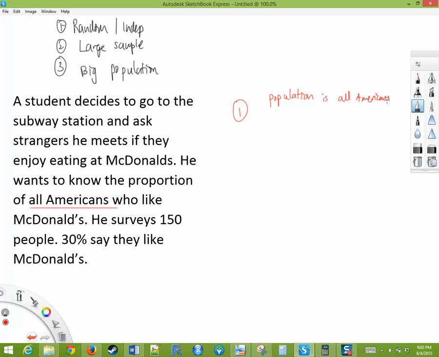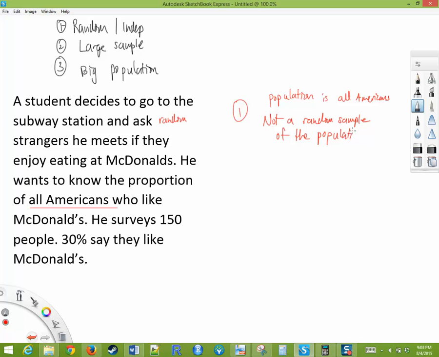Even if he selected people randomly at the subway station, so we could say he asks random strangers at the subway station, is he still going to get a random sample? No, okay? So this is not a random sample of the population.